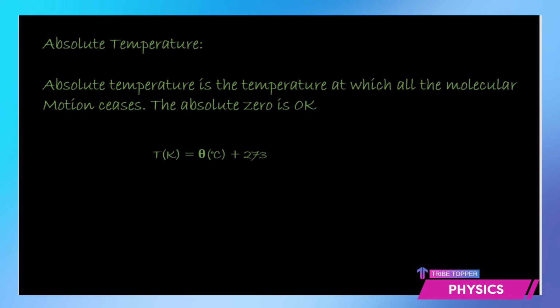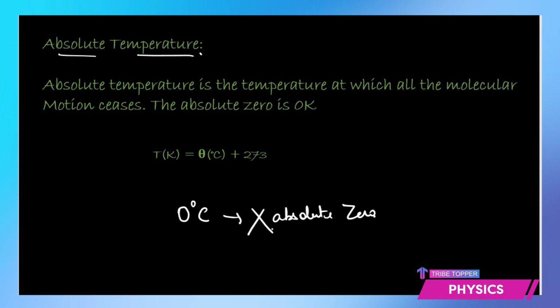Another very important term here is absolute temperature. Just to let you know, 0 degrees Celsius, we don't call it absolute zero. This is not absolute zero, because your temperature can still go to -10, -20, and the motion continues.